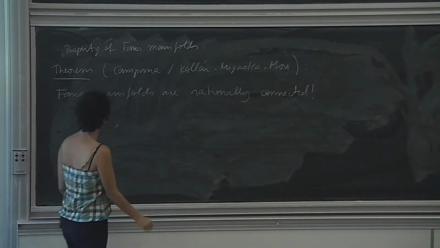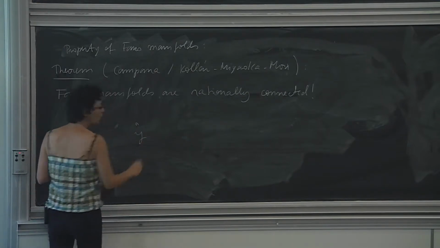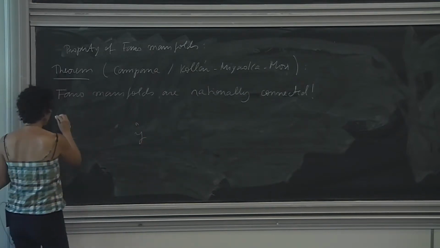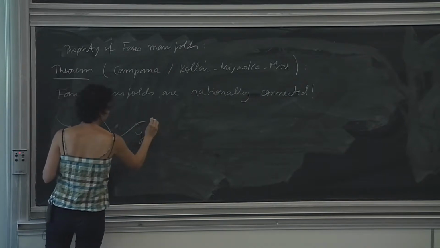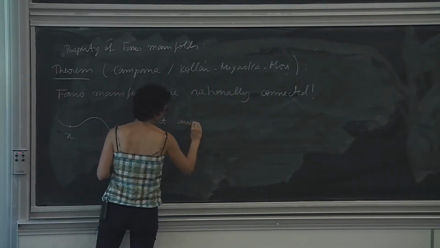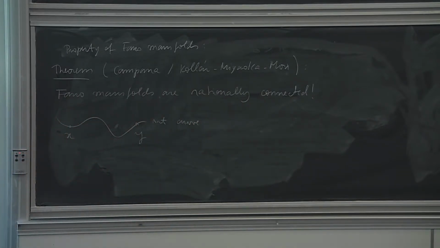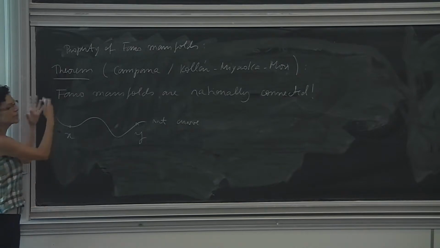So this means that if I take any two points, x and y, on a Fano manifold, one can find a rational curve connecting them. And the theory of rational curves becomes a very powerful tool to study these manifolds.